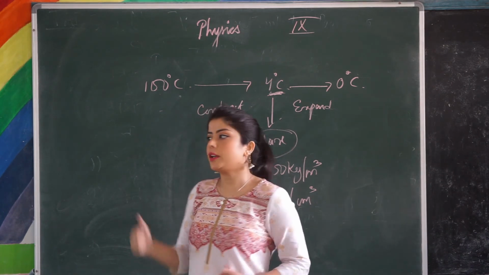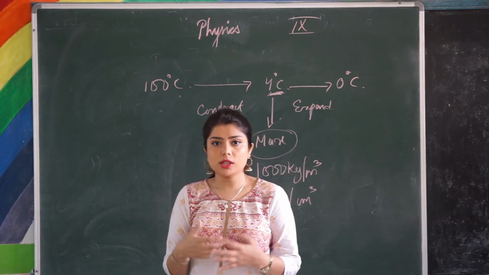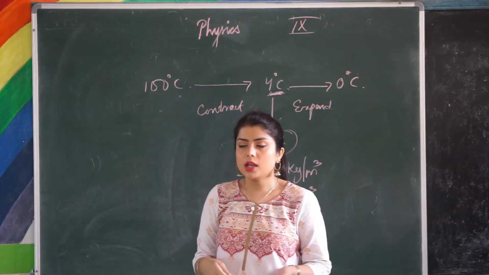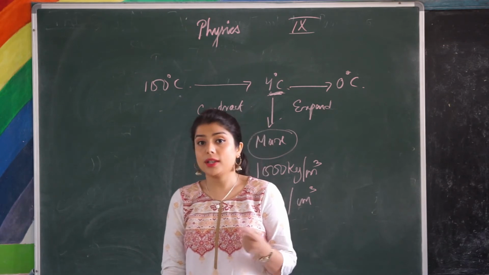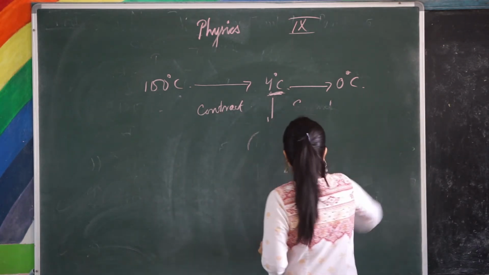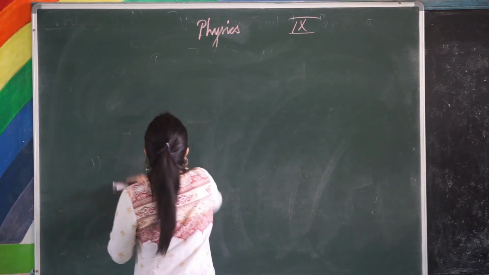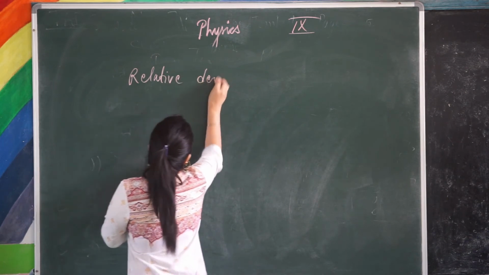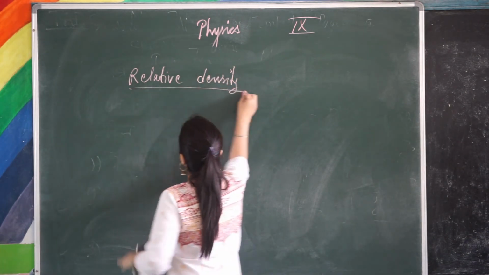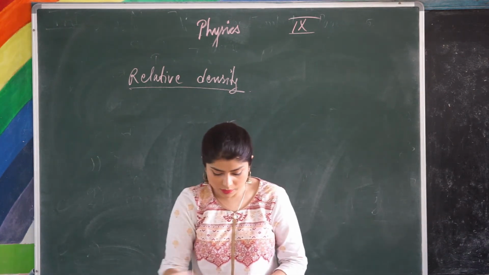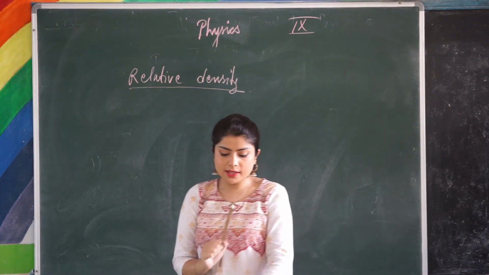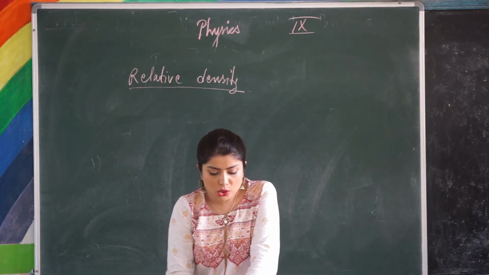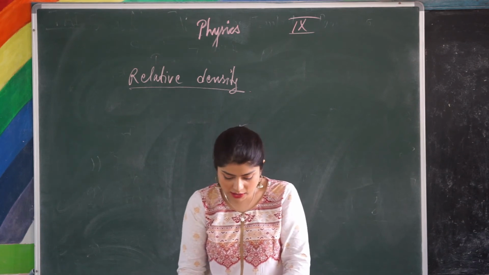Now, why are we studying water only? Because we need to relate this density of water with any other substance to find the relative density. So the next topic is relative density. It is the ratio of the density of that substance to the density of water at 4 degrees Celsius.